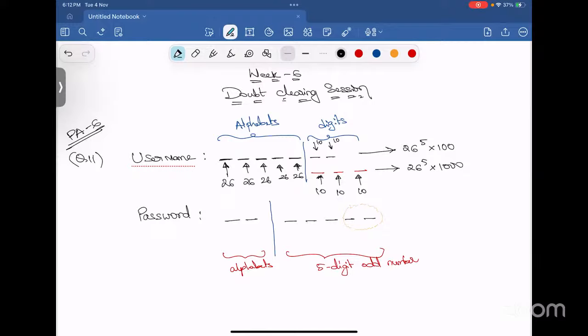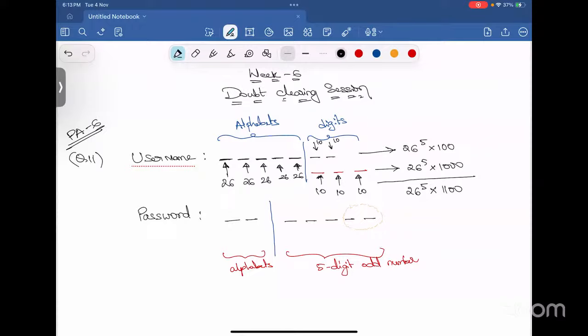Since it is OR, it falls under addition, right? So either this or that. So everything comes into a possibility. Therefore, the total will be 26 power 5 into 1100 different usernames that can be created with 5 letters and 2 digits or 3 digits.